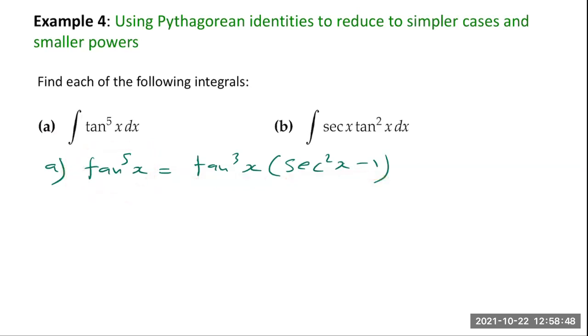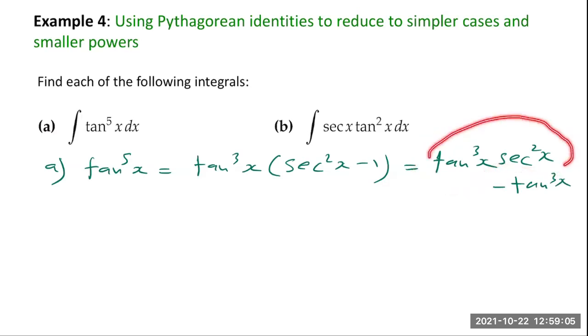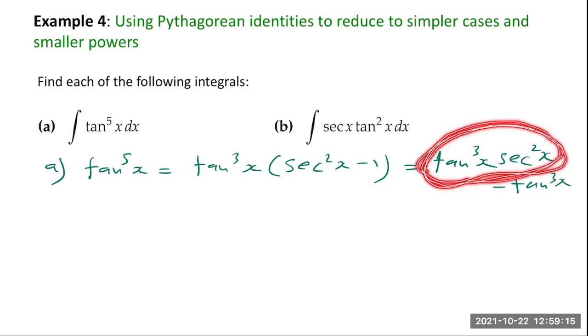Now, if you distribute this, you get tan 3x secant squared x minus tan 3x. Now, this should be something familiar to you. We can use our table that we discussed at the beginning of this lecture to find a suitable substitution for the integration of this function.